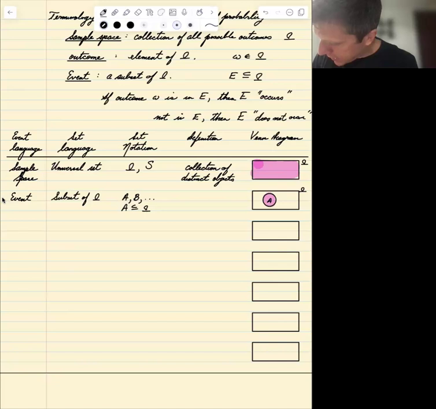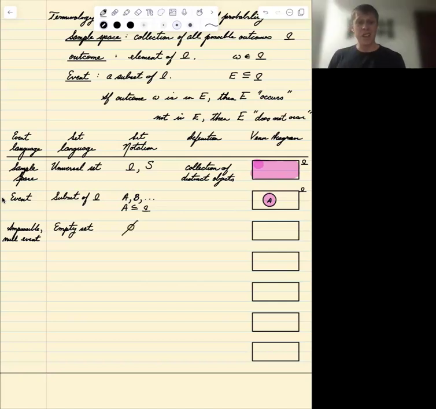Now we're going to talk about a couple of special types of events. There's the impossible event, also known as the null event, N-U-L-L. As a set, this is just called the empty set. We denote it as a circle with a line through it to indicate there's nothing in it. By definition, this is the set with no elements.